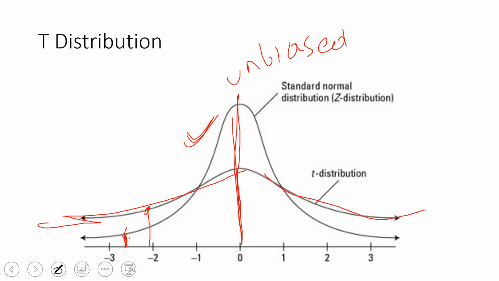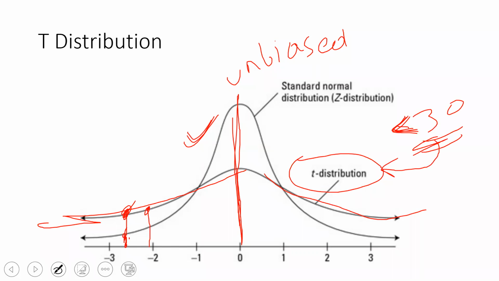You don't need to go into this. We use the t distribution only when the number of samples is less than 30. If the number of samples is less than 30, then we take the help of the t distribution.